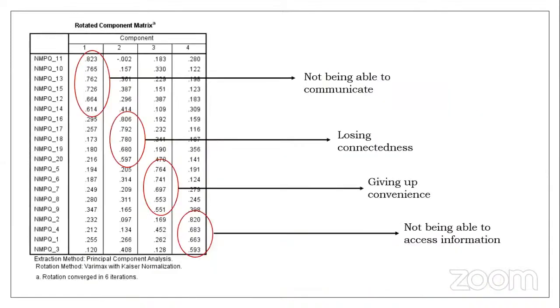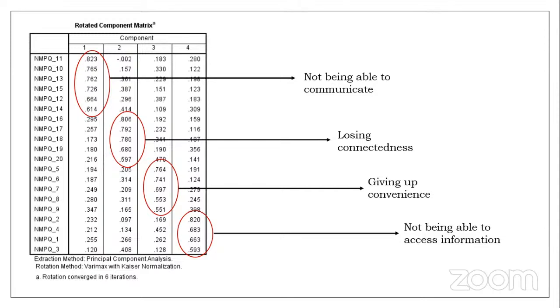If we look at it in this way, the first component included item number 11, you can see 11, 10, 13, 15, 12, 14. So items 10 to 15 loaded on the first component, which is basically the not being able to communicate domain as the authors had conceptualized right at the beginning.